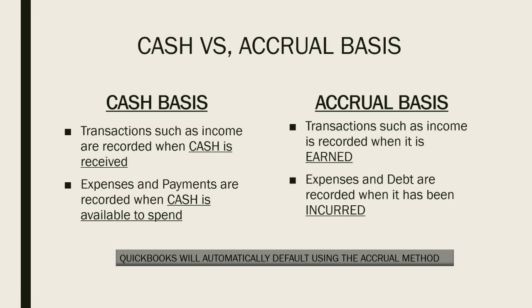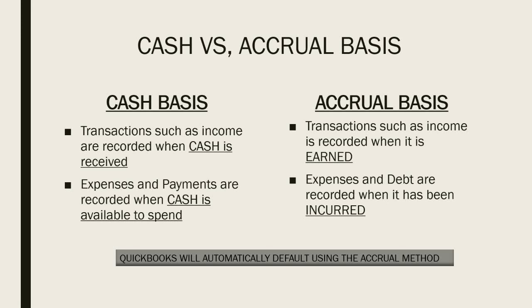We recognize our transactions whether we received payment or not. We record that an expense has occurred whether we paid or not. Okay? And that's the idea here. We'll talk more in depth about that in the book, because the book tells you the specific details on the cash versus the accrual basis.